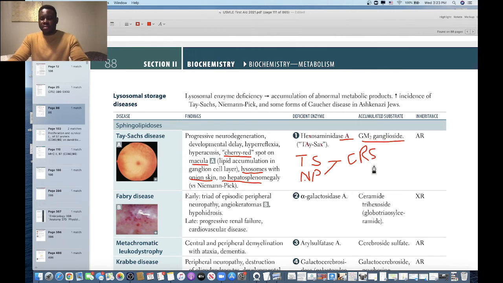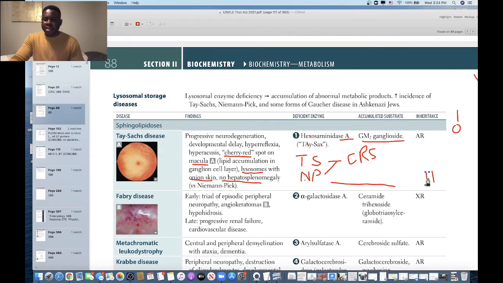What's the difference between them? Niemann-Pick has hepatosplenomegaly.